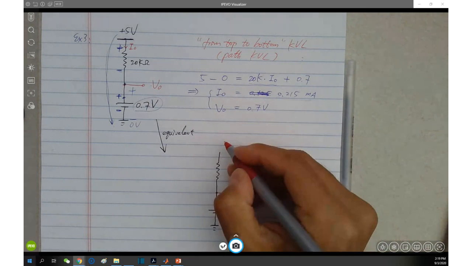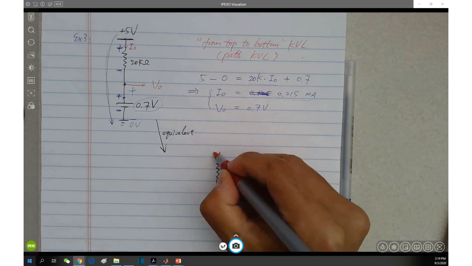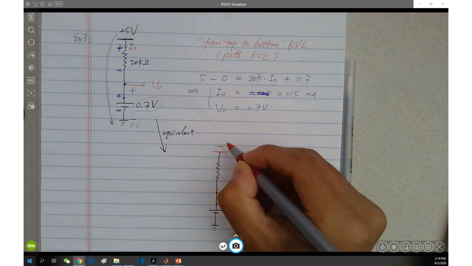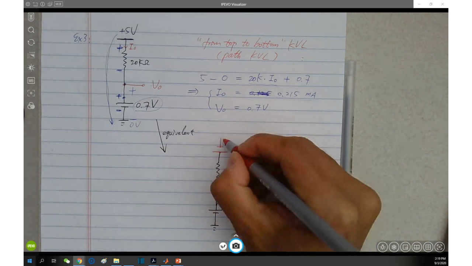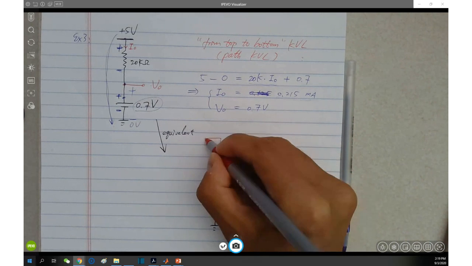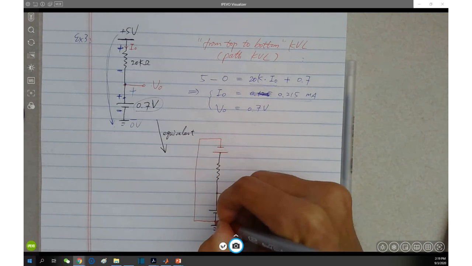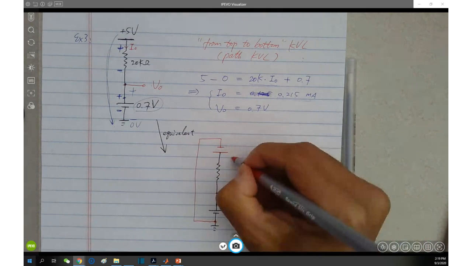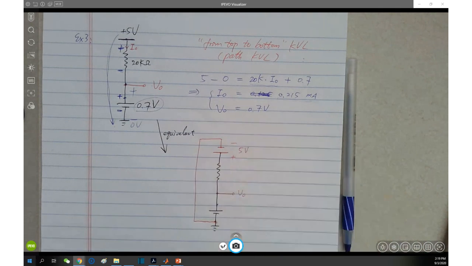The 5 volt bus is equivalent to this guy in red color. This is the trick of this path. Does it make sense? 5 volts on the top means the longer bar, the positive terminal, is 5 volts.